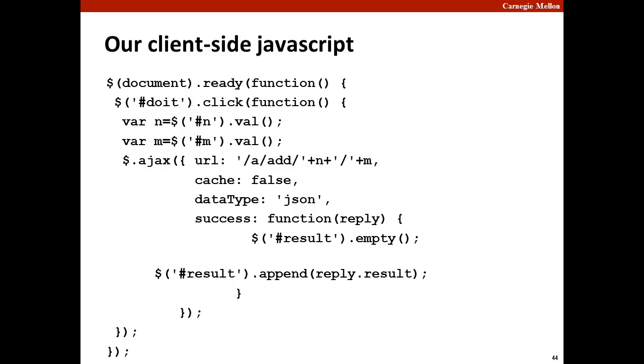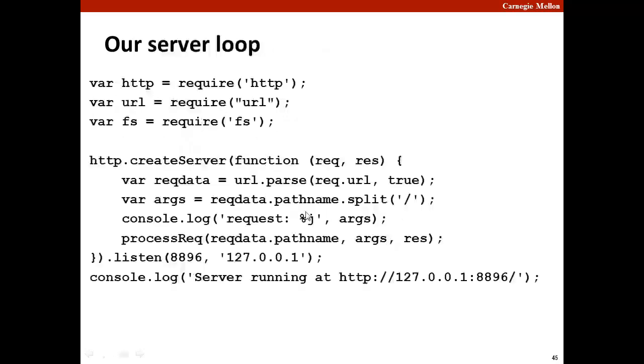I know the syntax is a little foreign to you probably, but it is what it is. Then you see the AJAX there. You see us sending the result. Or pending the result, I should say.